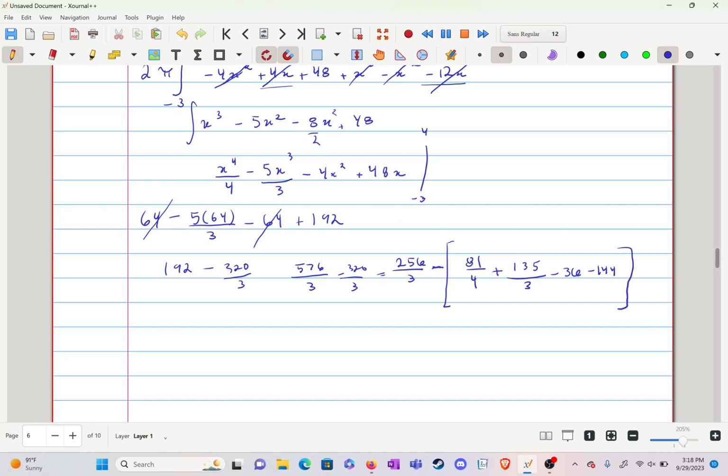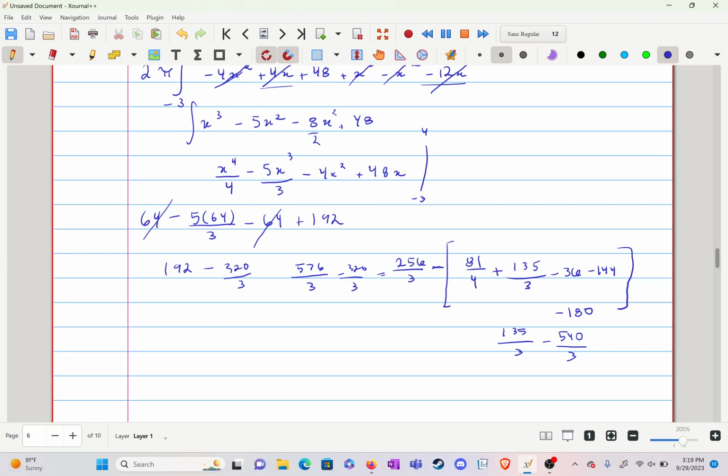Now let's combine what we have in here. So we have 36, 144, negative 180. And then we have 180 times 3 is 540 over 3, negative 135 over 3. Oh, wait a second.